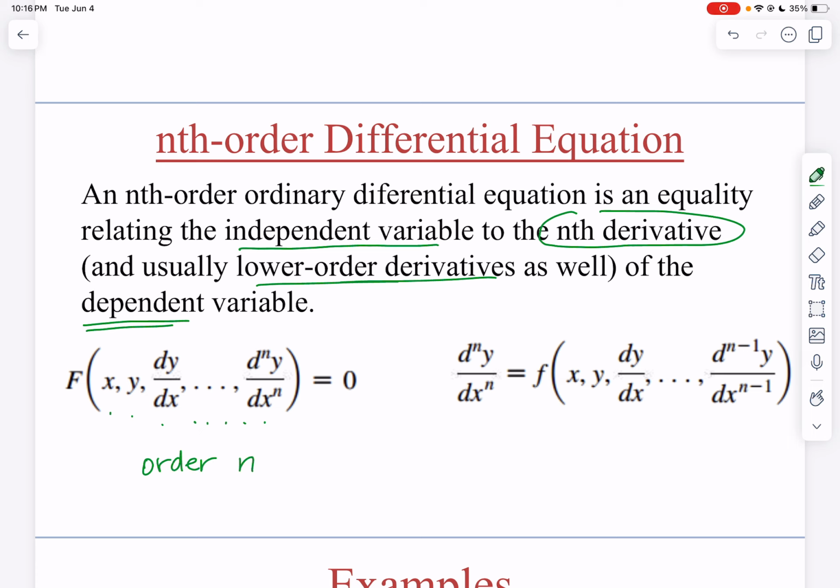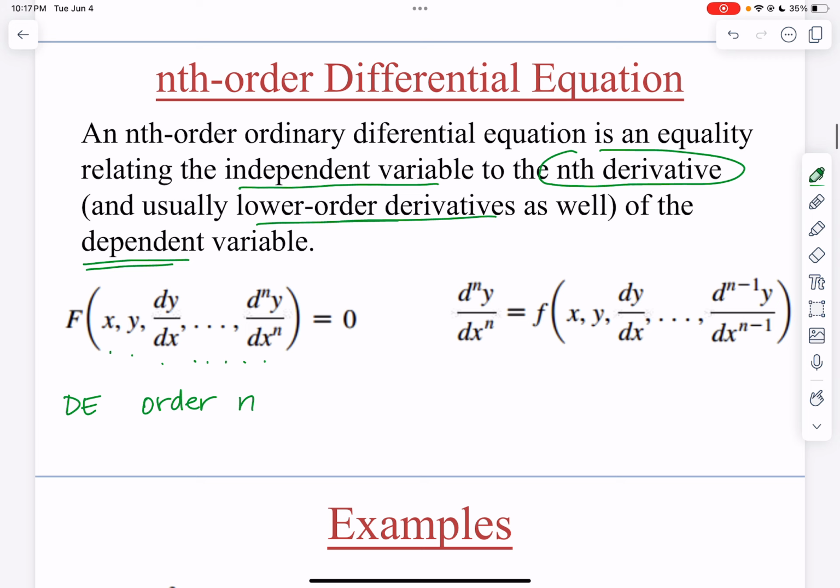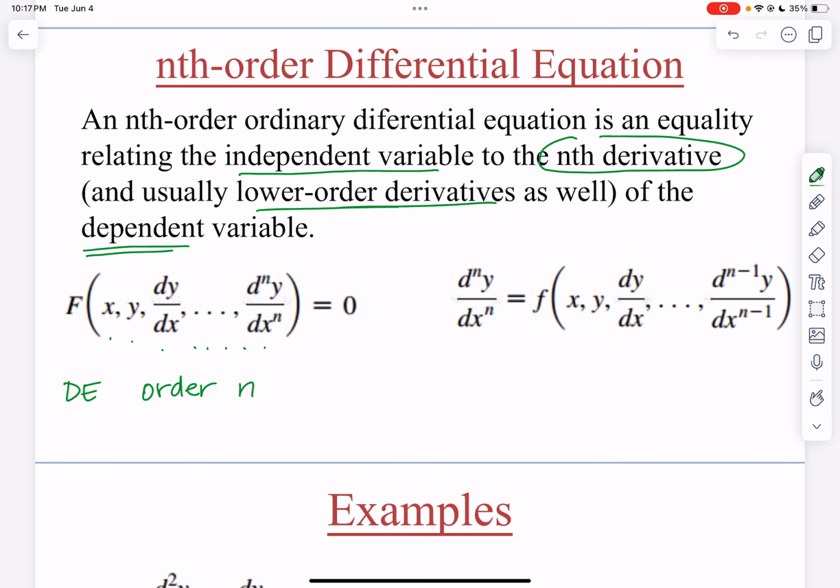So this differential equation is of order n. And likewise, we can write the equation isolating the nth derivative and say that that nth derivative is a function of x, y, and all of the derivatives up to the n minus 1th derivative.